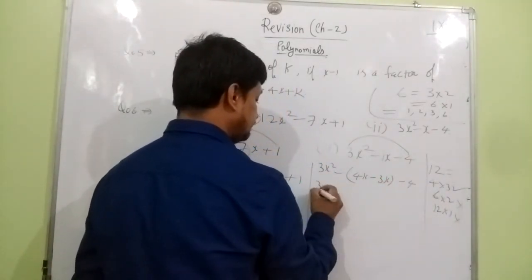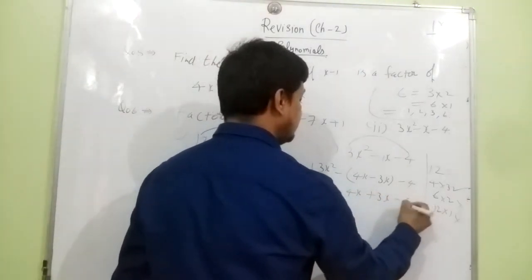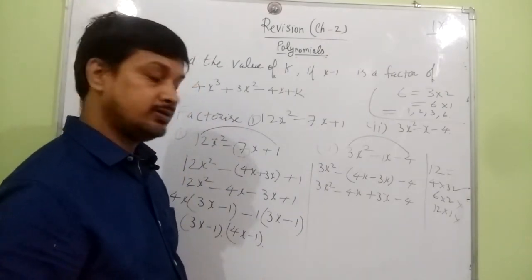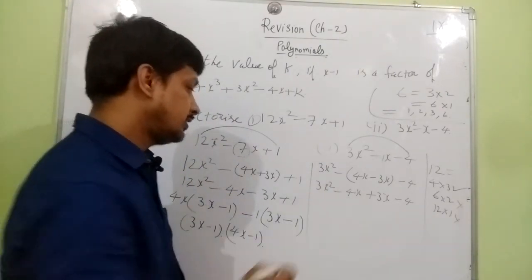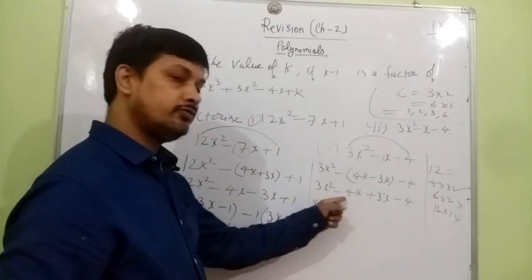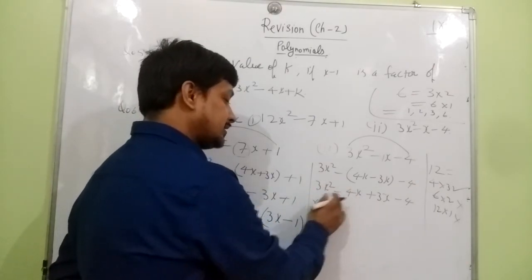Now just open the bracket, the sign will be changed. What can we take common in these 2 terms? Only x, because no number can be taken as common in 3 and 4, where the HCF is 1. So we have taken x as common.